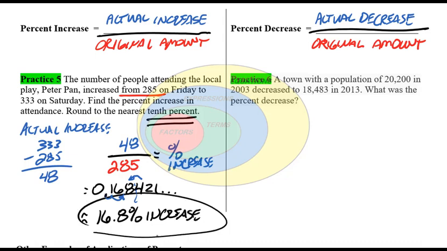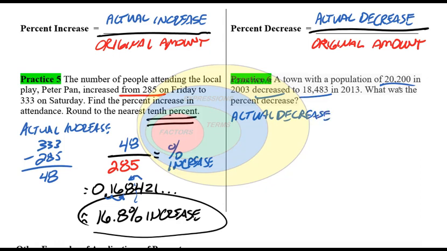All right, so practice 6: a town with a population of 20,200 in 2003 decreased to 18,483. The first thing I need to do is find the actual decrease amount.